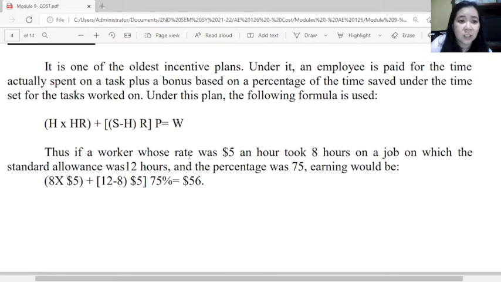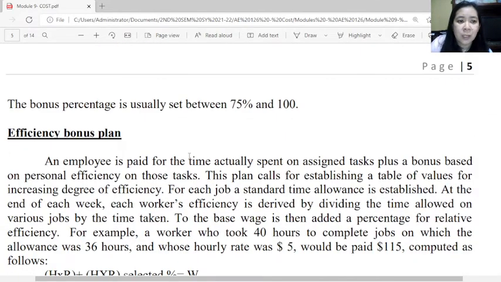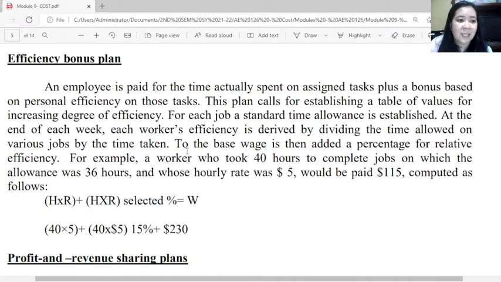This is just an illustration of using the time saving plan. The bonus percentage is usually set between 75 and 100, I think to encourage the workers to be productive in working.